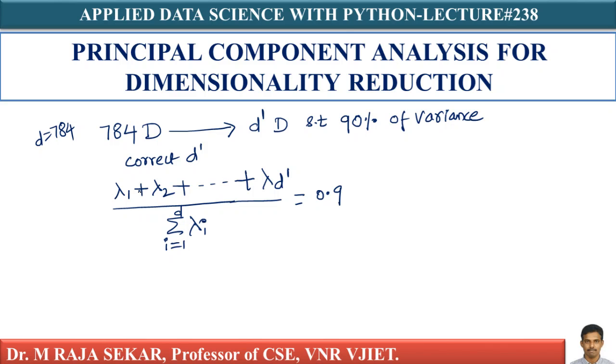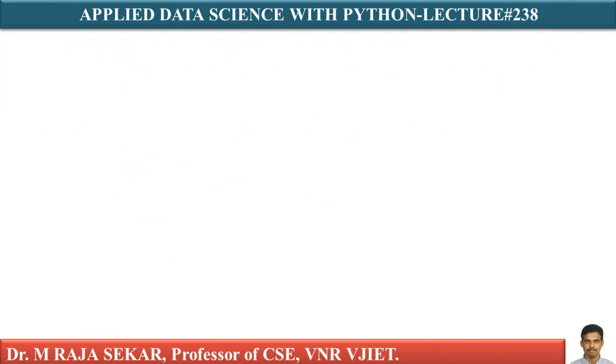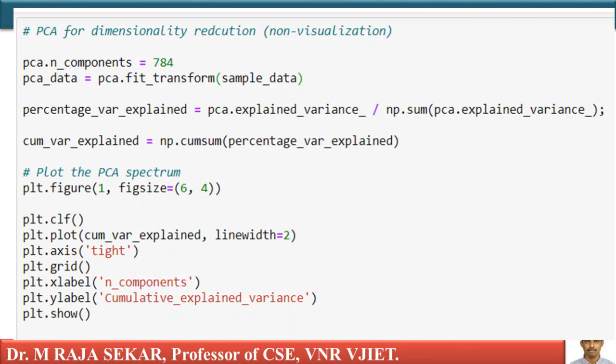Let's go and see the same data set on which I am working, the MNIST data set. Here I want to compute all 784 components. You may wonder why I am calculating all these 784 components on my sample data; we will try to understand. Bear with me for a few minutes. Here we use the same scikit-learn library to compute principal component analysis.